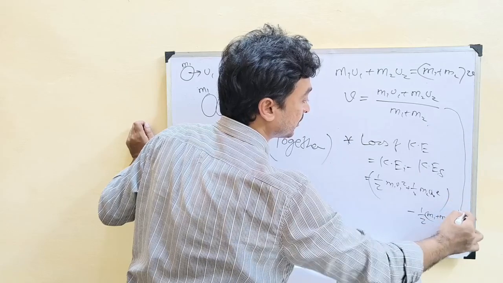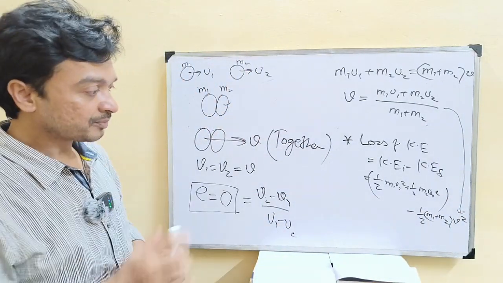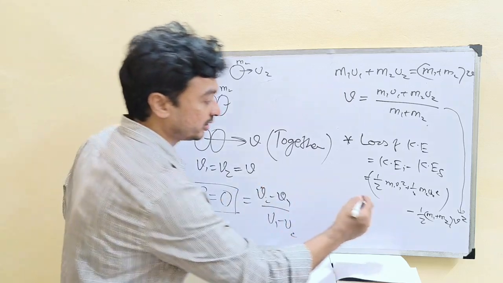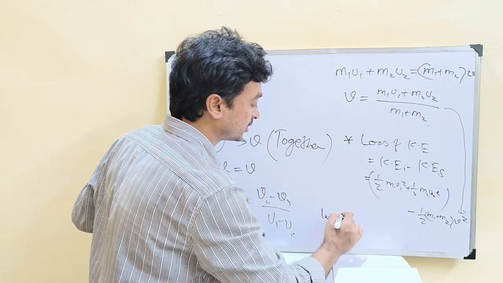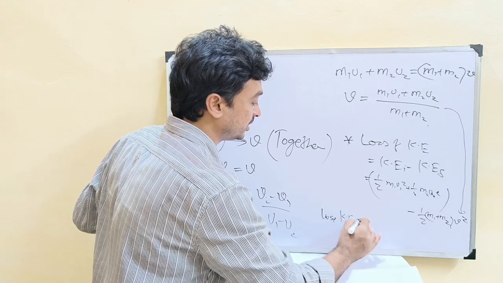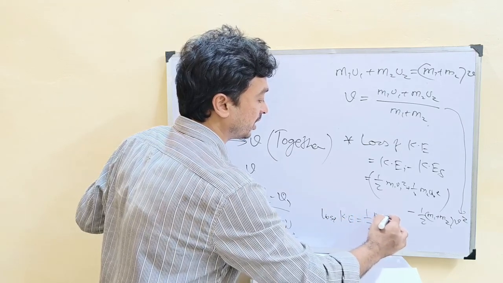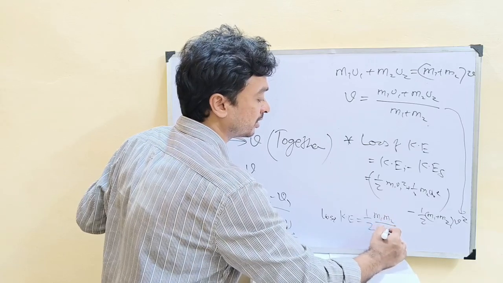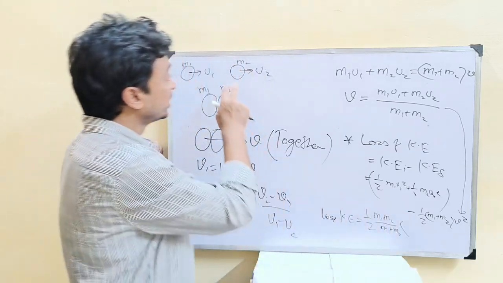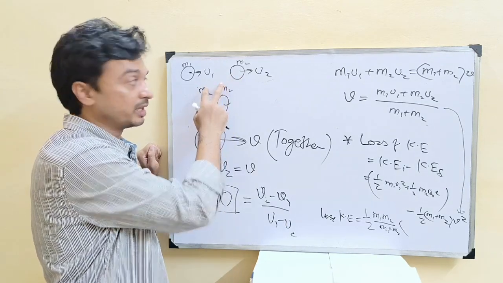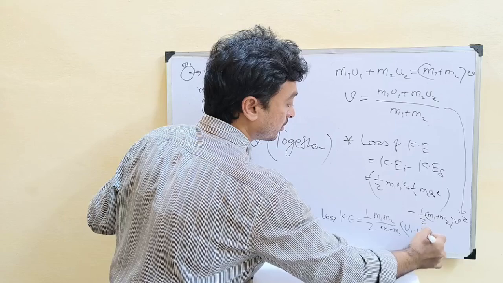Now you have the velocity from here. You can put this velocity in, and after rearranging some part, you will get the loss of kinetic energy. Loss of kinetic energy is equal to half m1 m2 divided by m1 plus m2 into the velocity of approach, right? u1 minus u2 square.